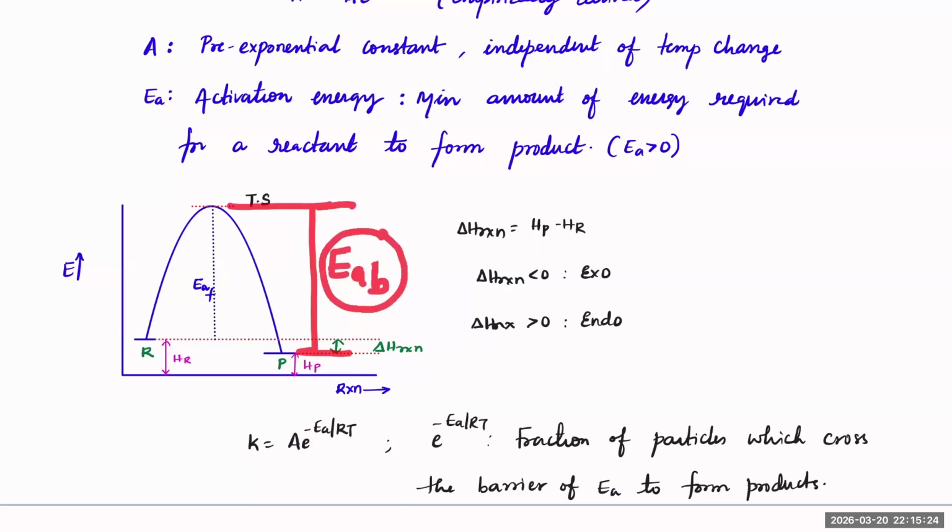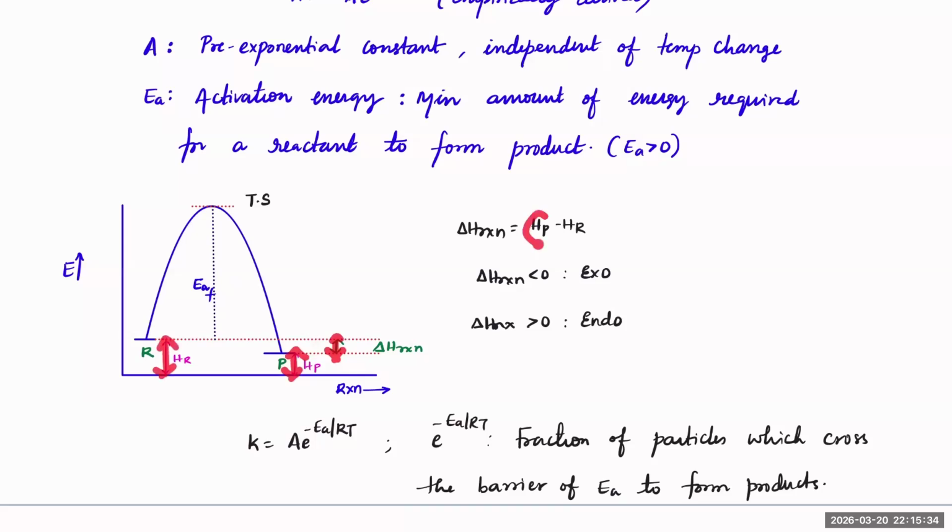Now, delta H of the reaction is the product enthalpies minus the reactant enthalpies. Correct? If delta H is negative, it is exothermic. The graph which I have shown here is an exothermic change. If the reactant is here and it goes like this and stops here, then that is an endothermic change.